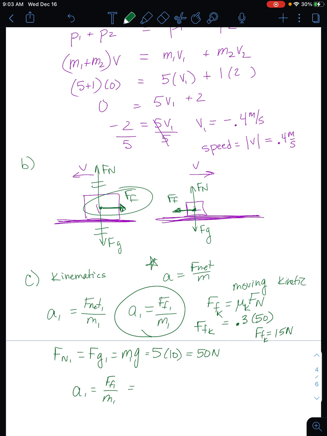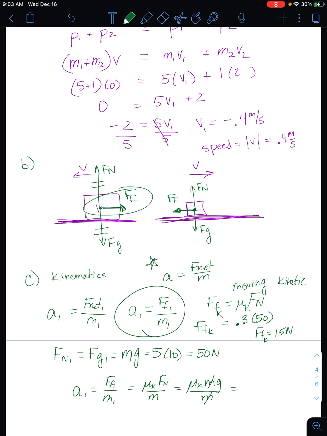Turns out it looks like this mass is really canceling out of the problem. If you're one of those that needs help with variables, this is really mu k times Fn all over m, or mu k times mg all over m. Look at that. Turns out that the acceleration is solved for really only knowing mu k and g. So if I do 0.3 times 10, I'm going to get my answer here.